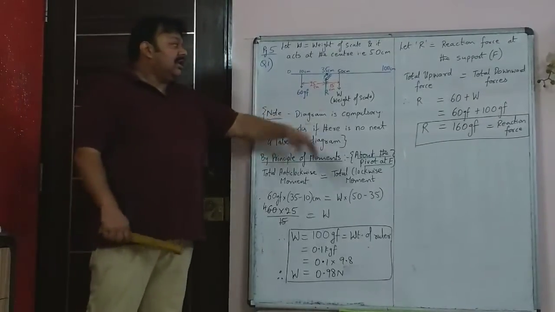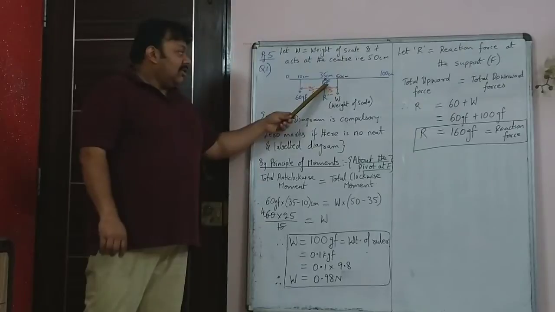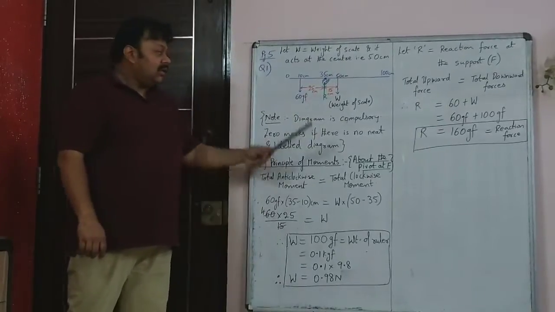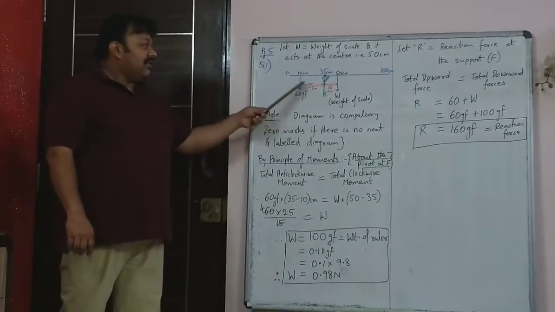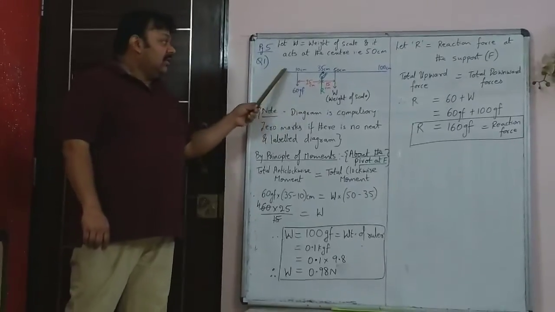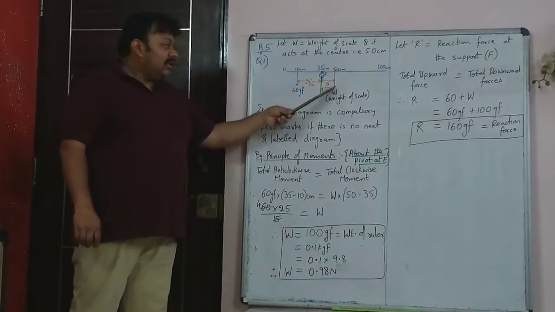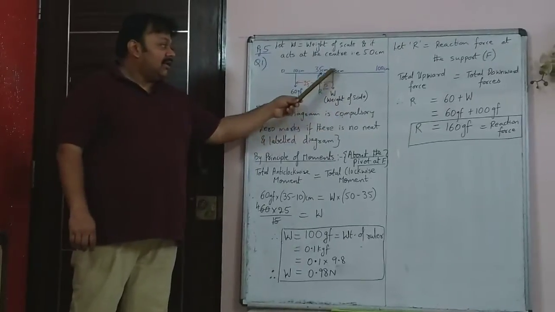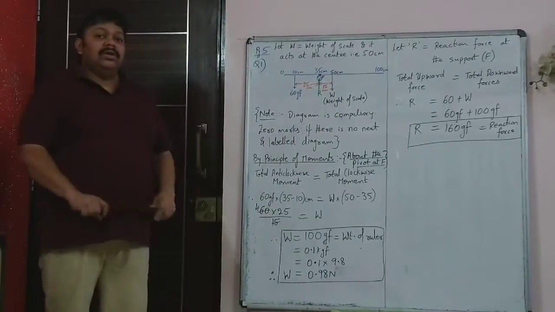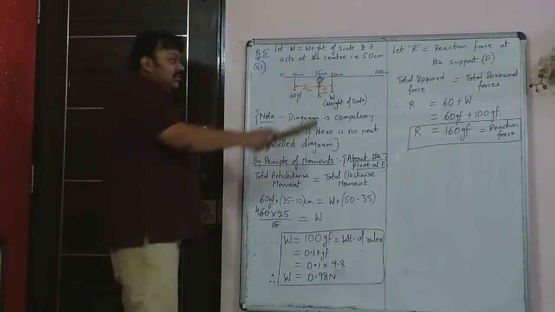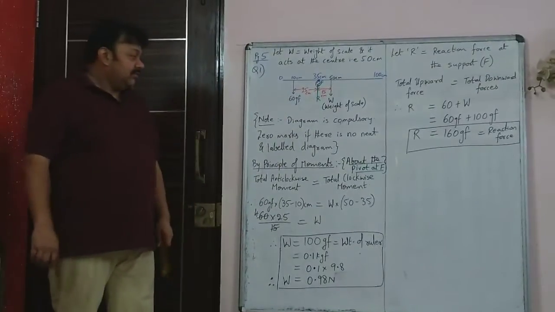So now this is the data given. The rod is balanced at 35 centimeter. There is a weight of 60 gf hanging at 10 centimeter. The rod is 1 meter long, 100 centimeter. So the weight of the rod will act at the center, that is 50 centimeter mark. So this is what is given in the data.